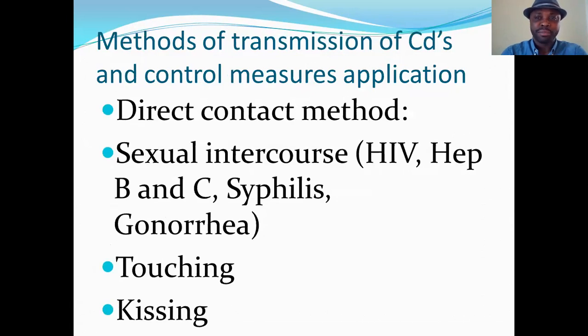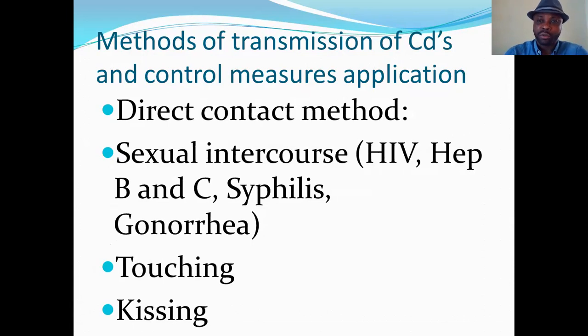What are the methods of transmission of communicable diseases and control measures application? We have the direct contact method, how communicable diseases can be transmitted. Sexual intercourse is one of those direct contact methods. You could get HIV, hepatitis B or C, or syphilis and gonorrhea from sexual intercourse.